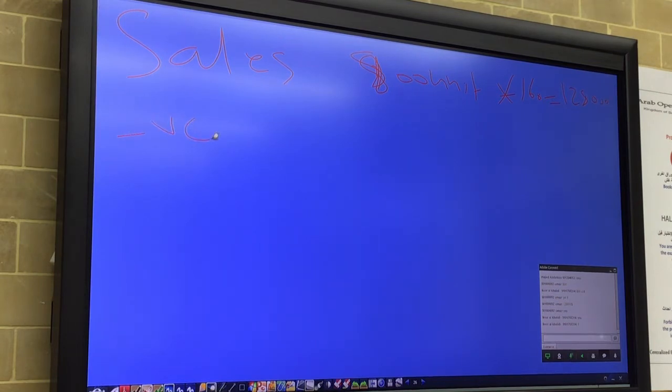Minus variable cost: 800 units multiplied by 80, the variable cost per unit, which gives 64,000. So sales minus variable cost gives the contribution margin. The contribution margin will be 64,000. Contribution margin minus the fixed cost of 64,000, so the net income will be 0.